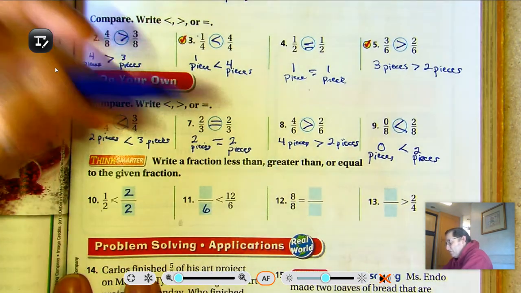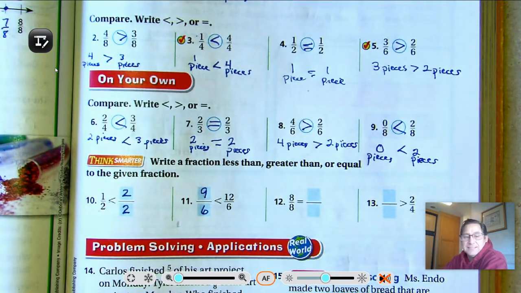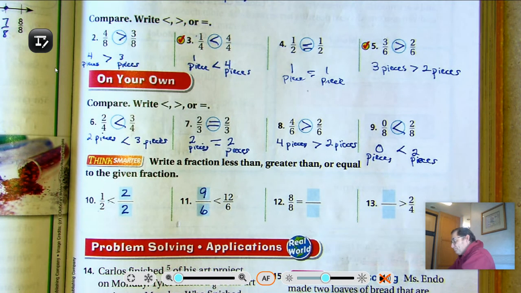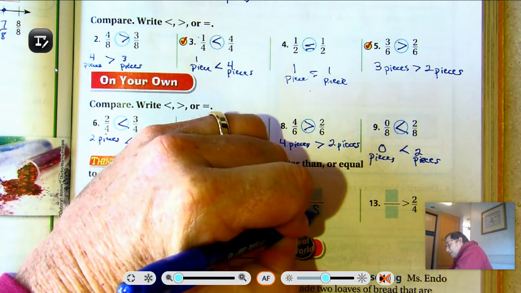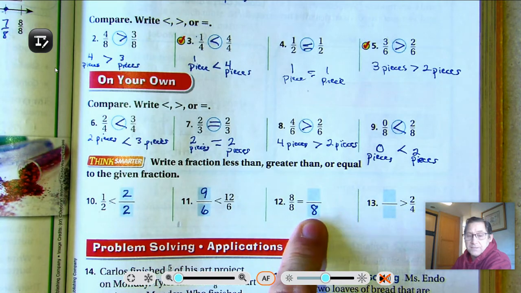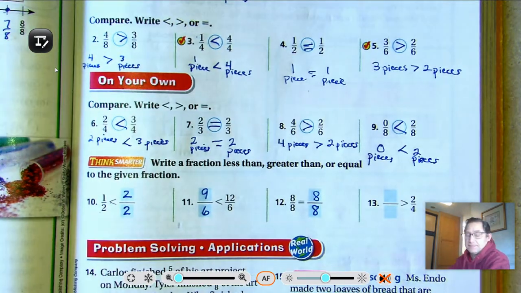Anything less than 12. I'm going to put 9. 9 sixths is less than 12 sixths. 8 eighths. It says it's equal. So if both fractions have 8 parts and they're equal, then the numerator also has to have 8.